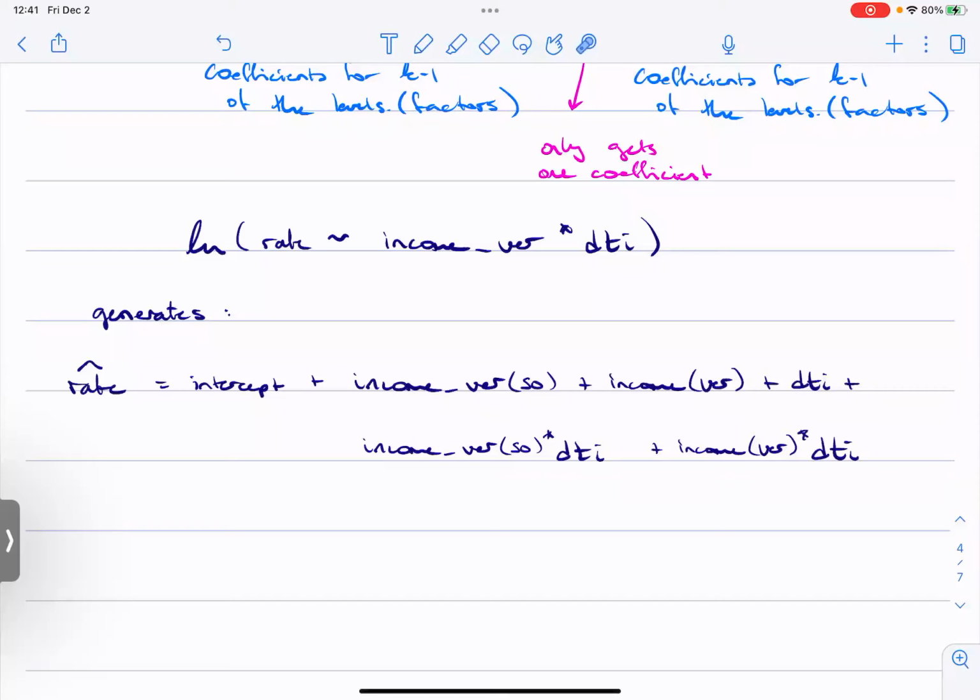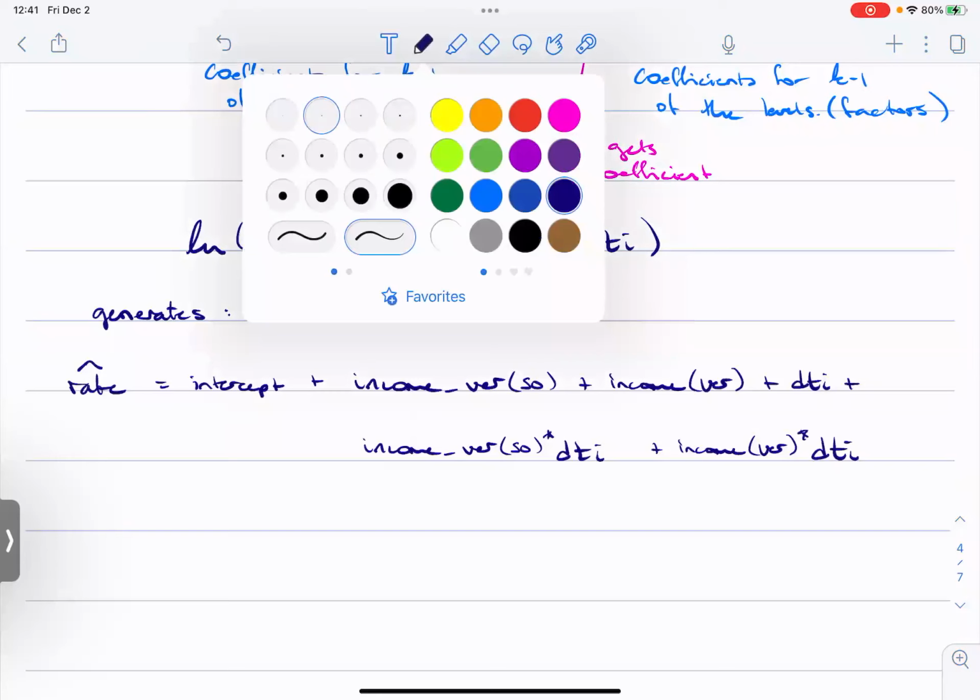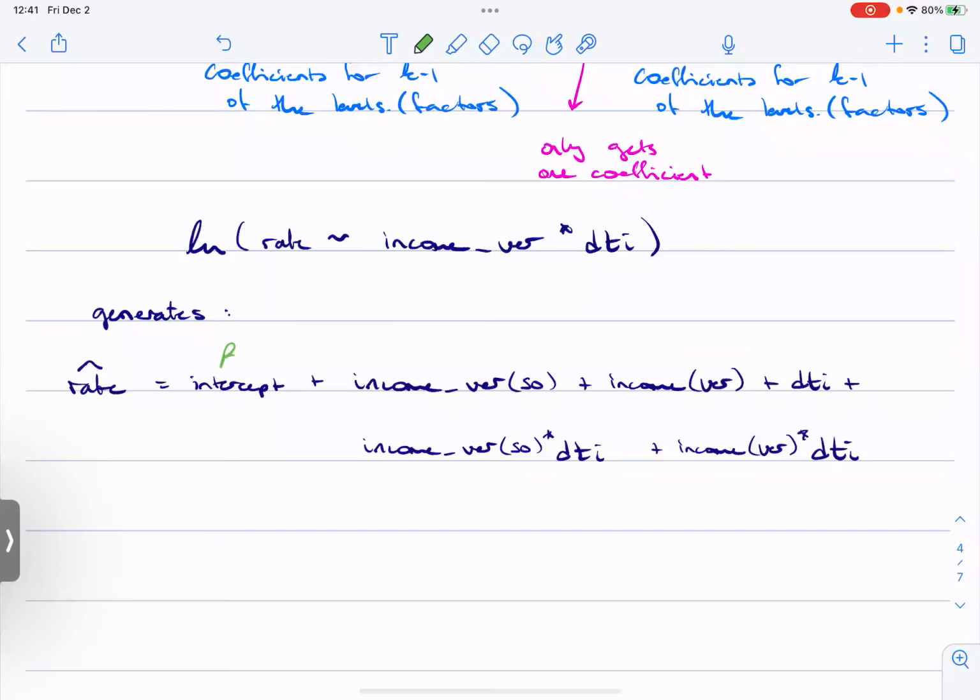So what you would do is exactly this. This would have some coefficient. So now I'm going to throw in these coefficients: beta 0 plus beta 1 plus beta 2 plus beta 3 plus beta 4 and beta 5.